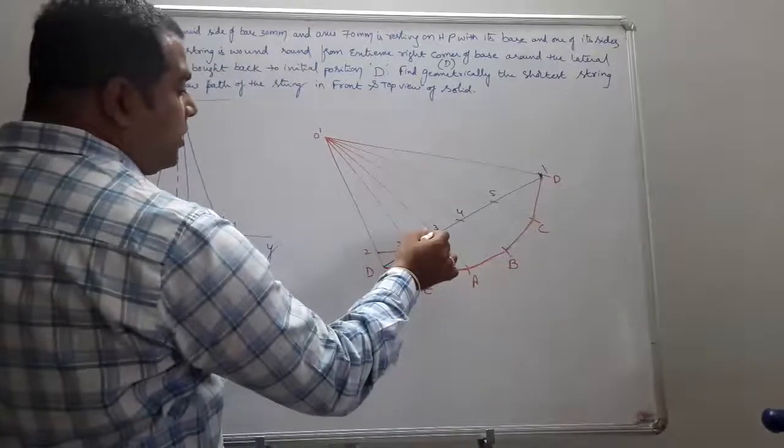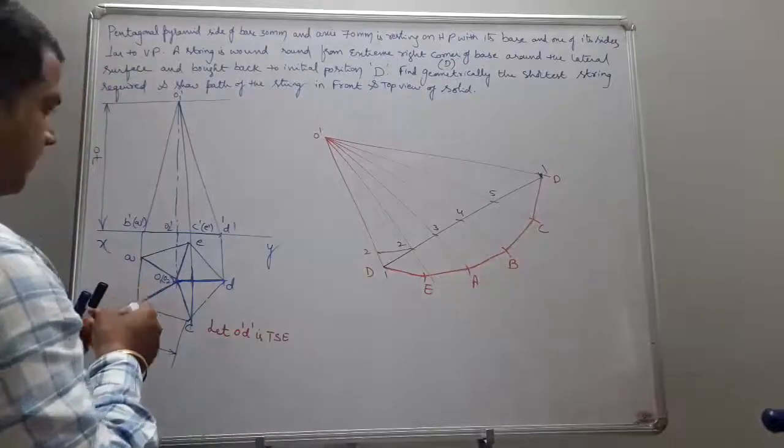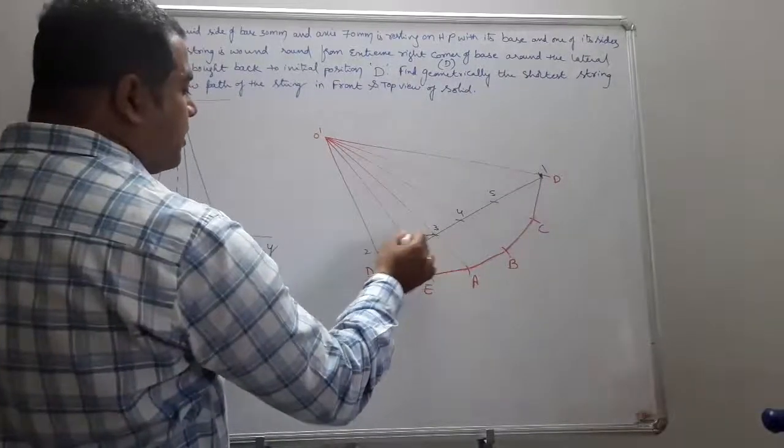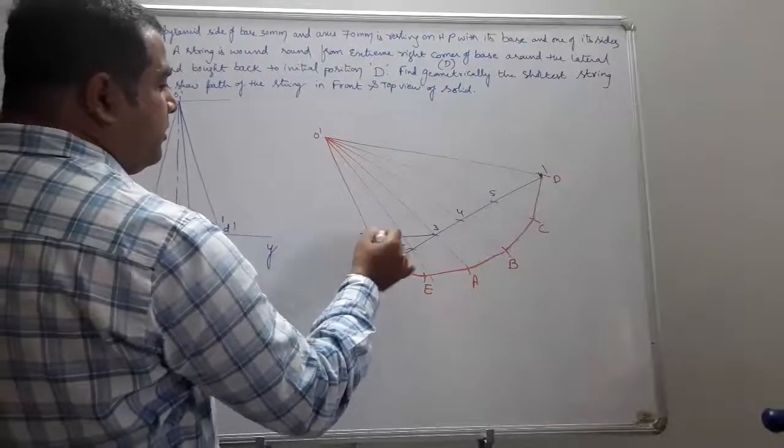Next, O3. This is only for my reference. Okay. Again, 3 is going to be, you just draw. So this becomes your 3.